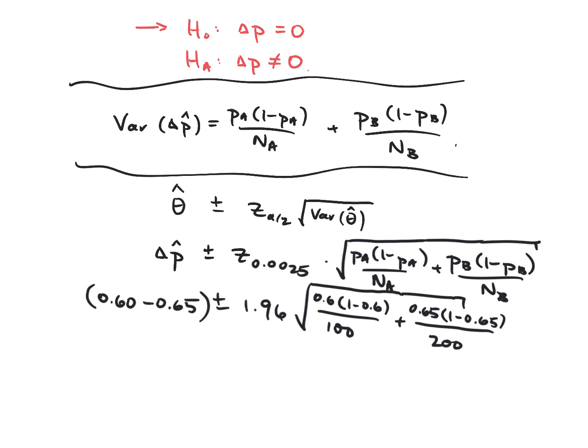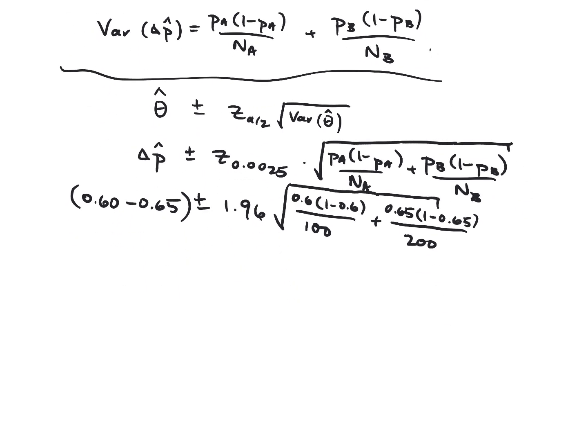And now it's a lot of plugging into the calculator. Negative 0.05 plus or minus 1.96 times, and we work out this math.